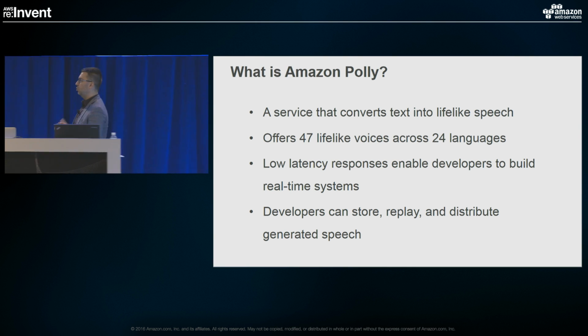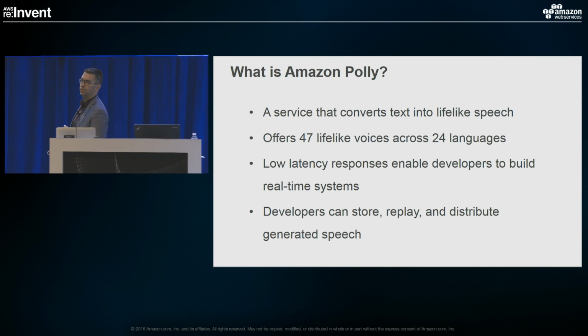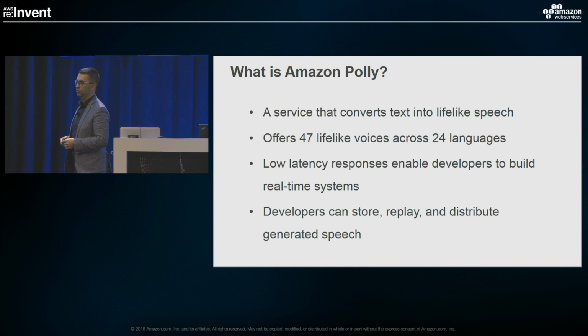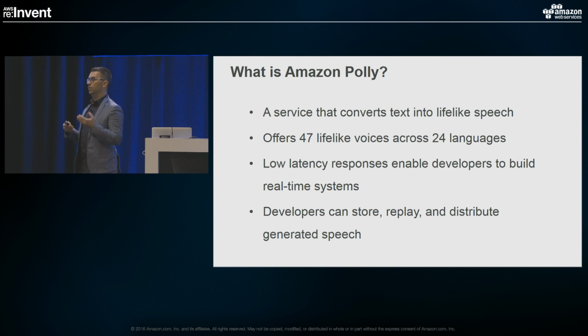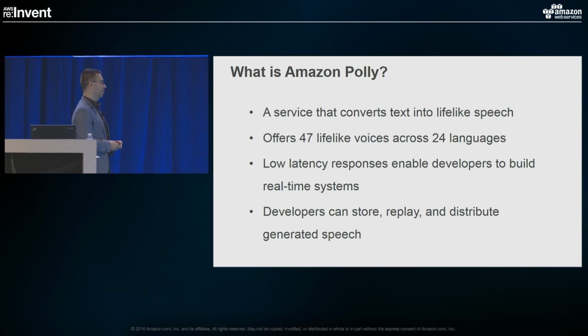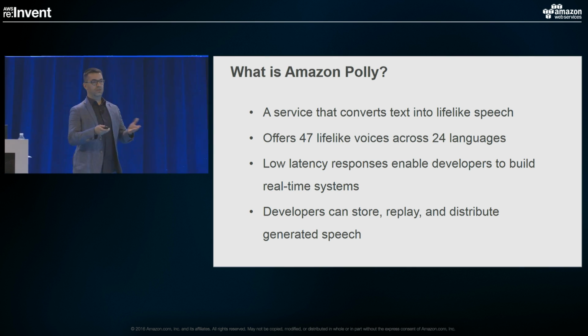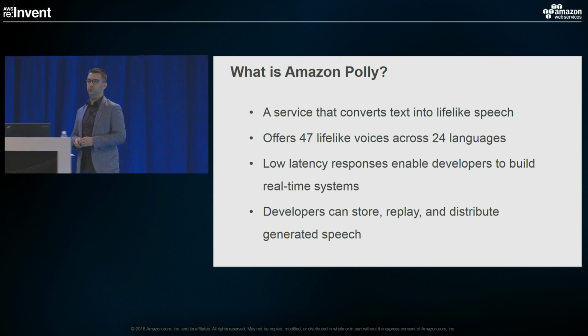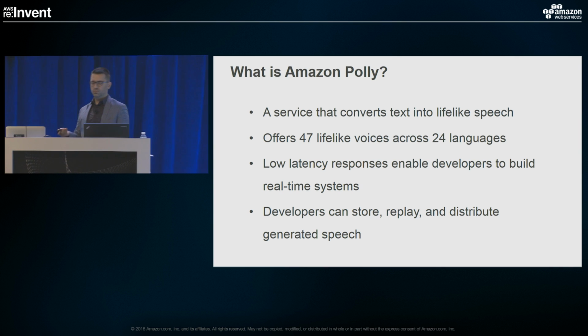We have low latency of responses, which enables developers to build real-time solutions. That's because the text-to-speech service is a streaming service, so we are serving speech to the application as soon as possible. Finally, developers can store, replay, and distribute speech whenever they wish or whenever the application requires it.